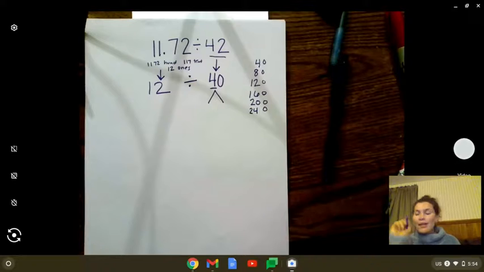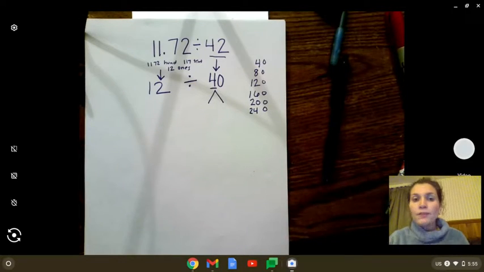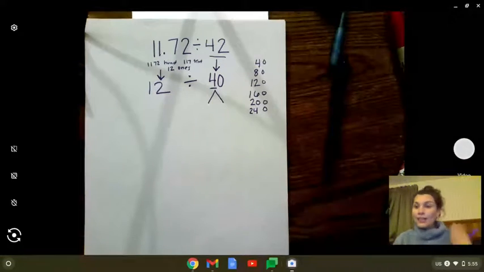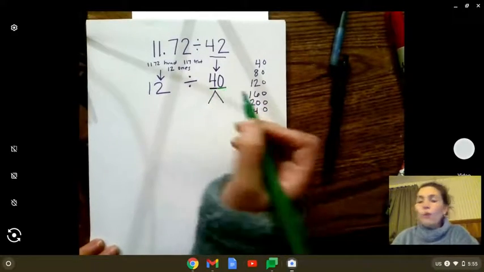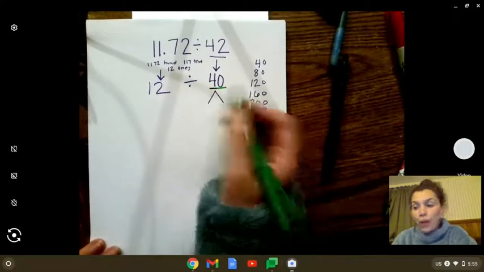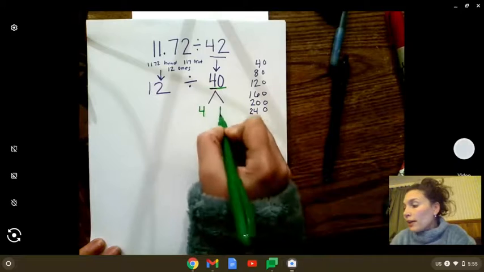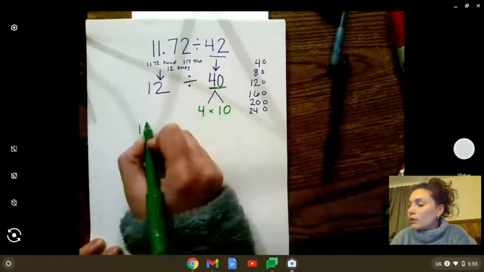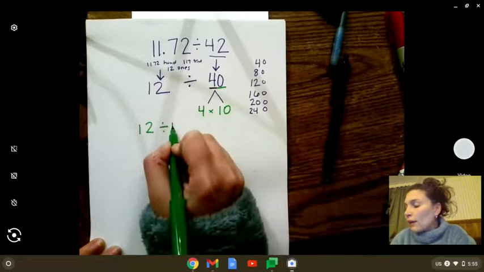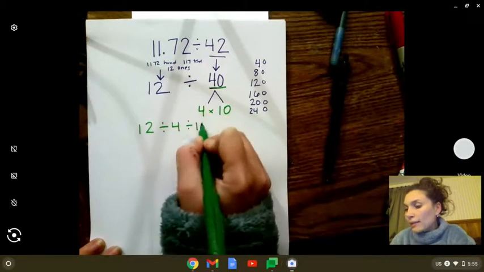Yes, you can. Think back to yesterday when we were dividing by a multiple of 10. Or by a 40, 60, 80, 100, 1,000, 3,000, numbers like that. We split 40 into two numbers, into 4 and 10. And we get 12 divided by 4 divided by 10.